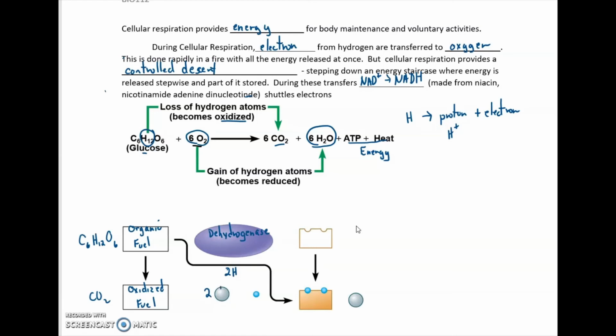We're going to get two hydrogen ions, which are the proton, and two electrons. The electrons are going to be passed to this NAD+, and when it gets its two electrons, these blue electrons right here, it'll become NADH, and there'll be a leftover proton.